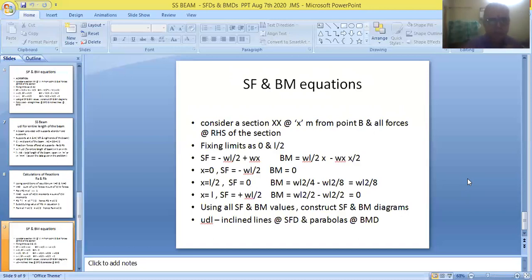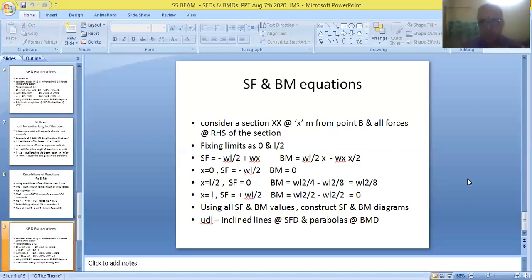Now we have to write this SF equation. Reaction force is acting in upward direction, so that is equal to WL by 2, and we have to allocate minus symbol, so it is written as minus WL by 2.